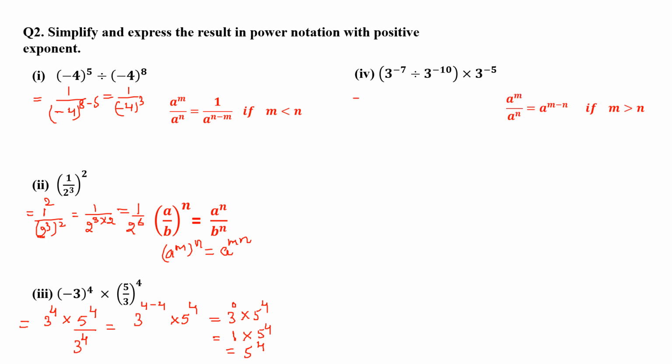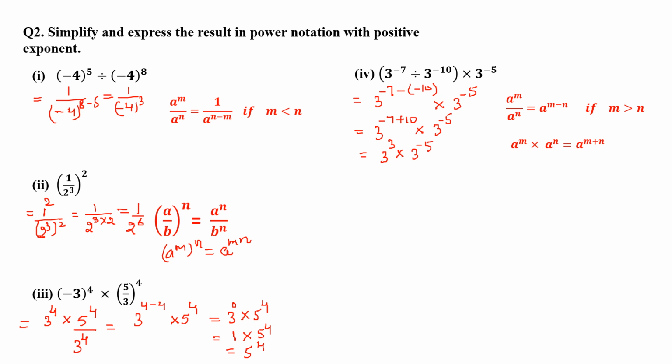So it will be 3 to the power minus 7 minus of minus 10, because in division we have to subtract the power, and here you see the numerator is having power minus 7, denominator is having power minus 10, so minus 7 is greater than minus 10, isn't it? So next we can write 3 to the power minus 7 plus 10 into 3 to the power minus 5, and it will be 3 to the power 3 into 3 to the power minus 5.